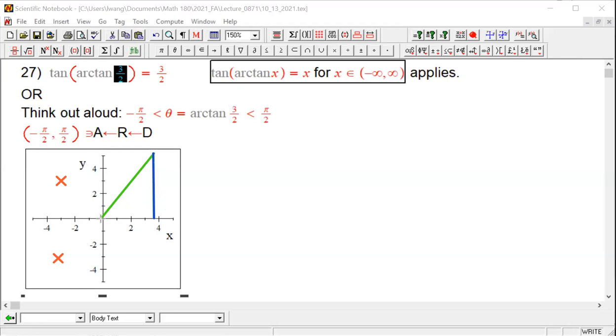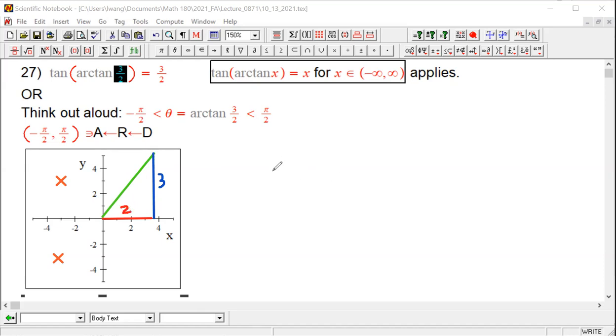And the red... the tangent ratio is blue over red, right? Blue over red. So now the blue is a 3. The red, refer to the red.